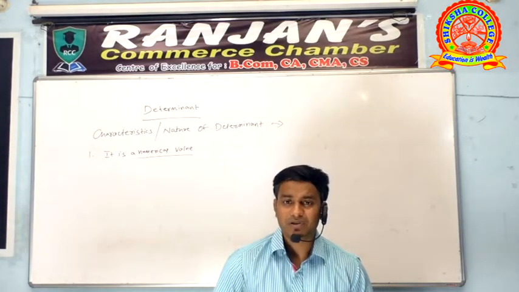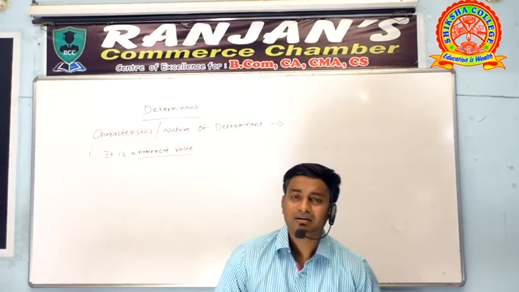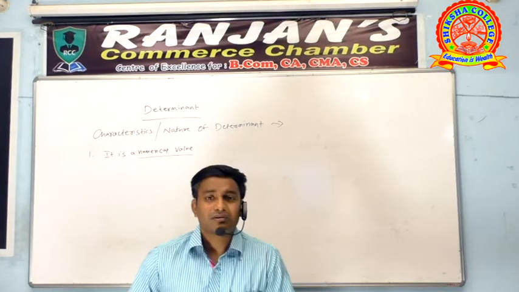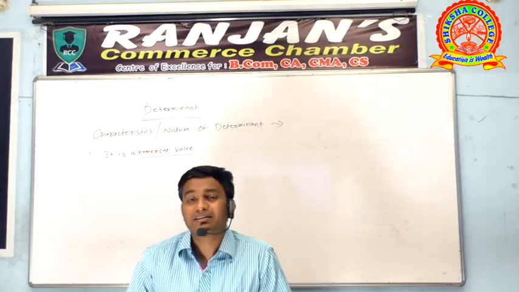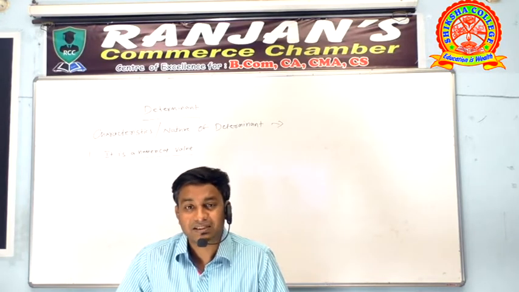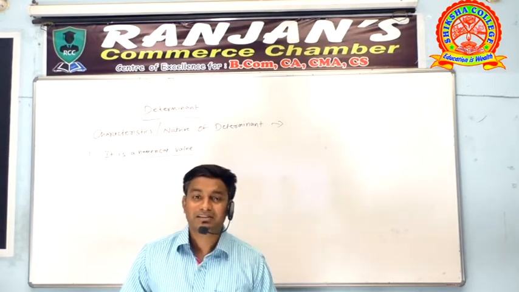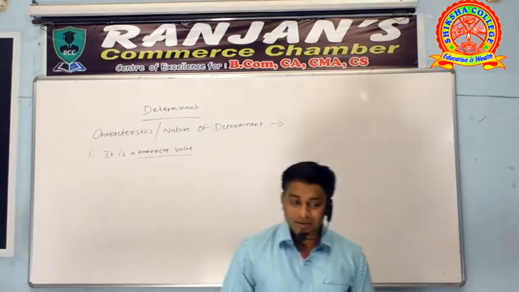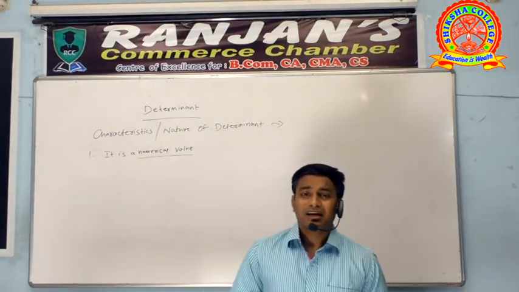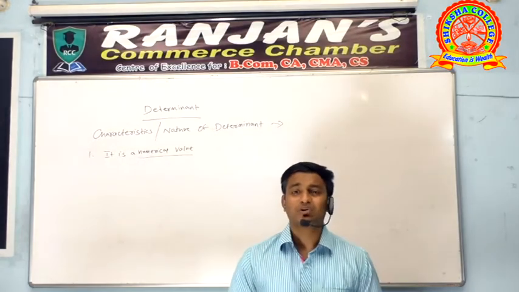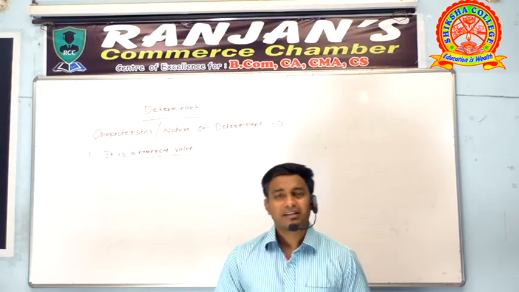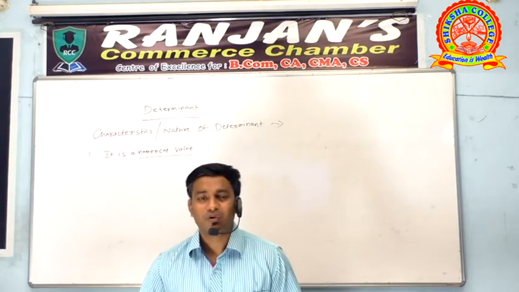Clear, students? You might remember that while going through the types of matrix, there was a matrix called the singular matrix. So what is a singular matrix? A singular matrix is a matrix in which the determinant is zero. Hence the determinant can also be zero.